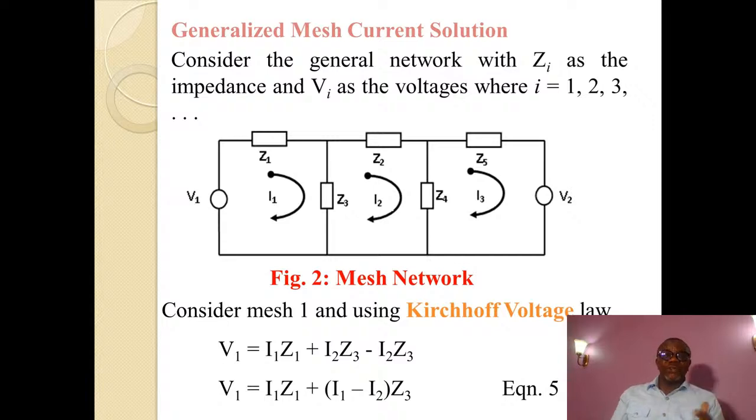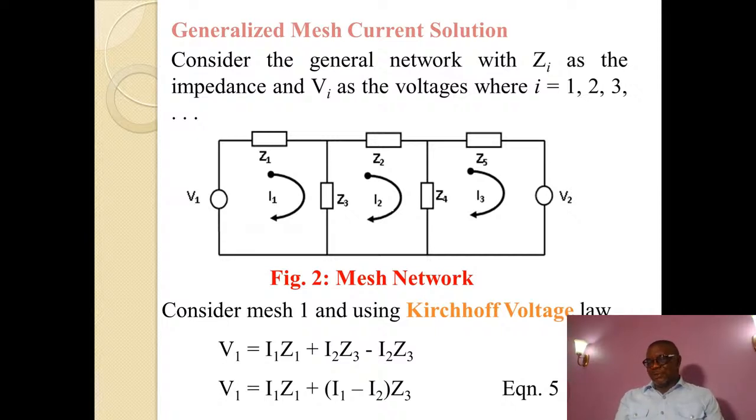So if we consider the general network with Zi, when we say Z here, we mean impedance. As we progress, we start detaching ourselves from just using resistances, because in the real sense, pure resistances do not exist.